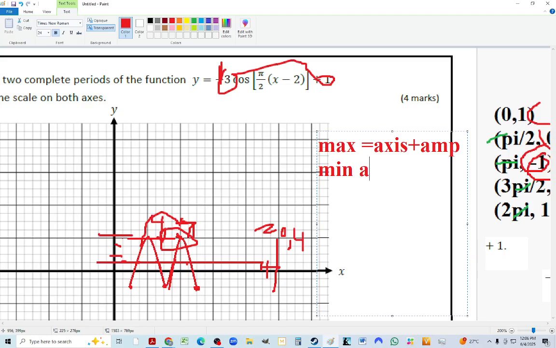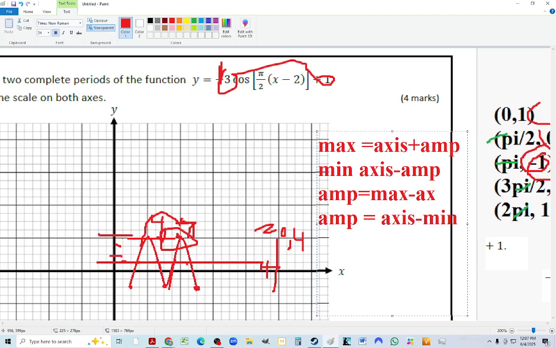Min is axis minus the amplitude, which means you can rearrange this. Amplitude is equal to max minus axis, or amplitude is equal to axis minus min. So those are key ways to do this.